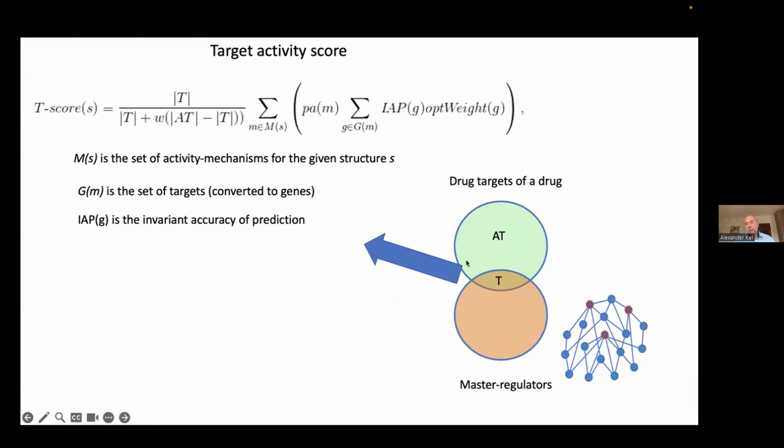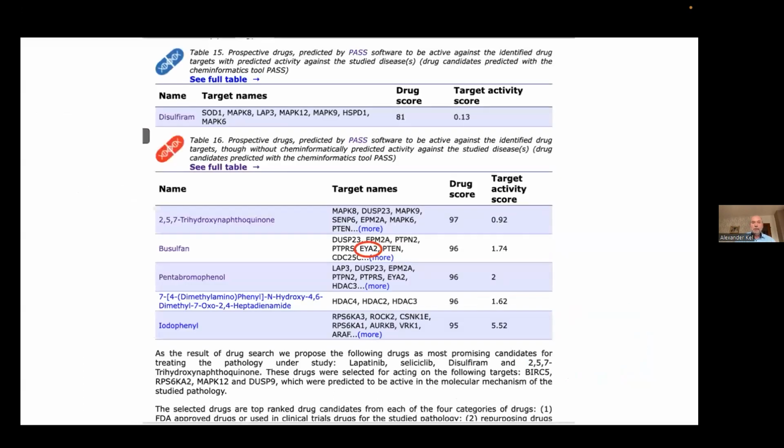We do the screening among these master regulators only, and when we see the predicted PA using PASS, we construct a certain screening measure which tells us which drug is most interesting in the context of that master regulator set.